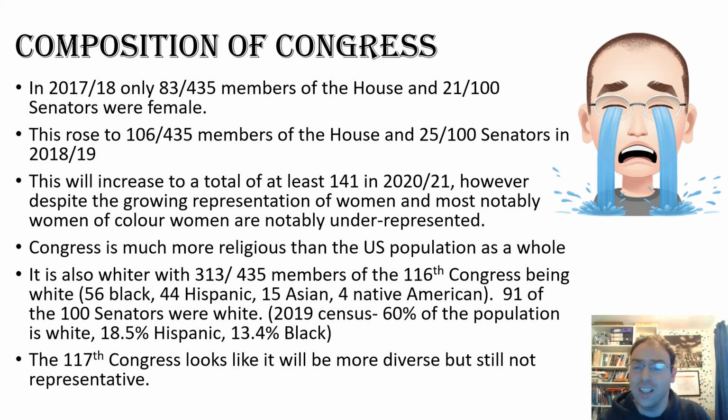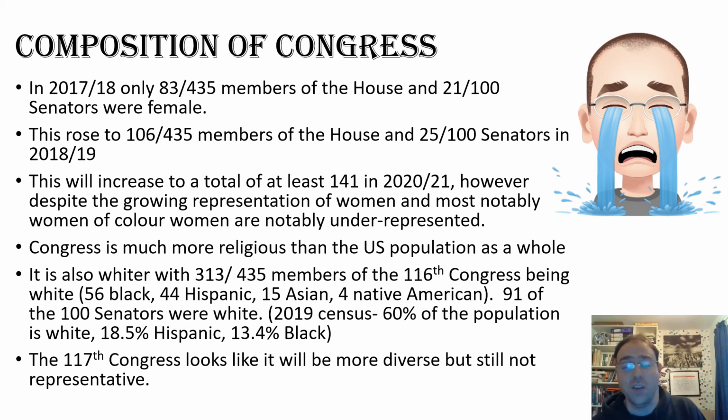Congress is more religious than the US population as a whole, particularly the number of Protestant and Catholic representatives is higher than the national average, and the number of unaffiliated people, people of no faith or atheists, is enormously underrepresented. Other faiths are represented reasonably in proportion.